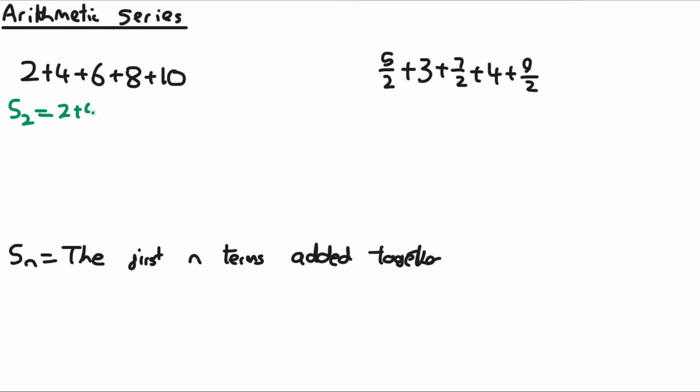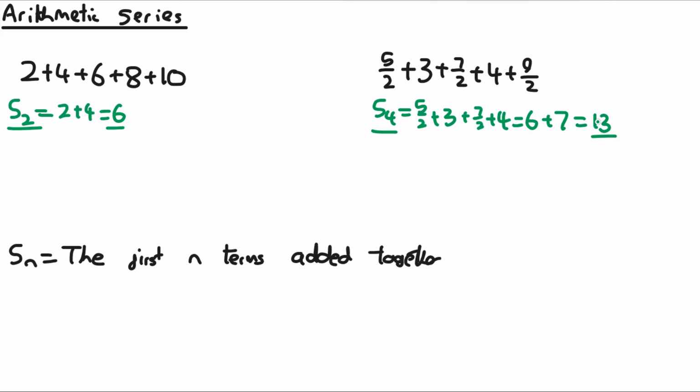So it'd be equal to 2 plus 4, which is just equal to 6. So S2 is equal to 6. If we need to find S4 for this series here, this would be the first 4 terms added together. So it'd be equal to 5 over 2 plus 3 plus 7 over 2 plus 4, which is equal to 5 over 2 plus 7 over 2 is equal to 6, and then 3 plus 4 is equal to 7, so 6 plus 7 is equal to 13. So S4 is equal to 13 like this.